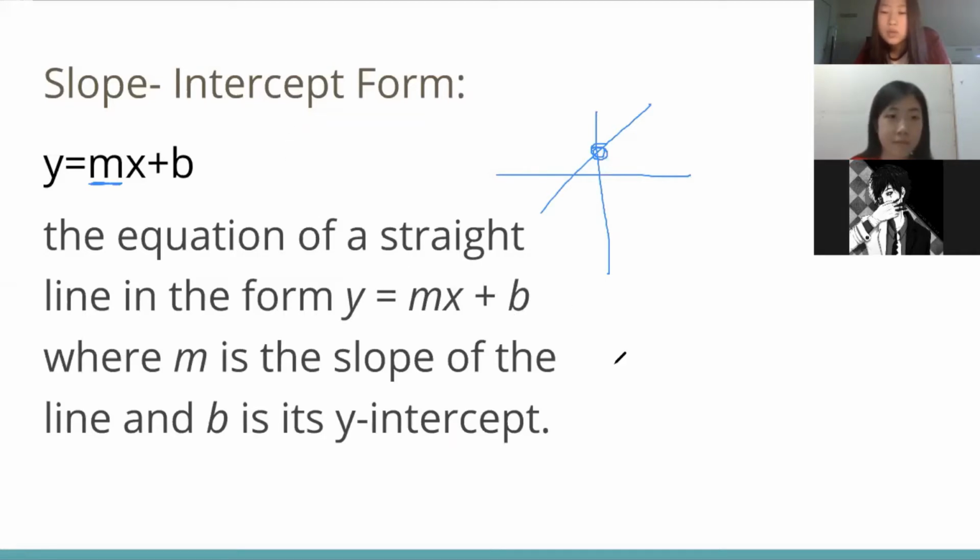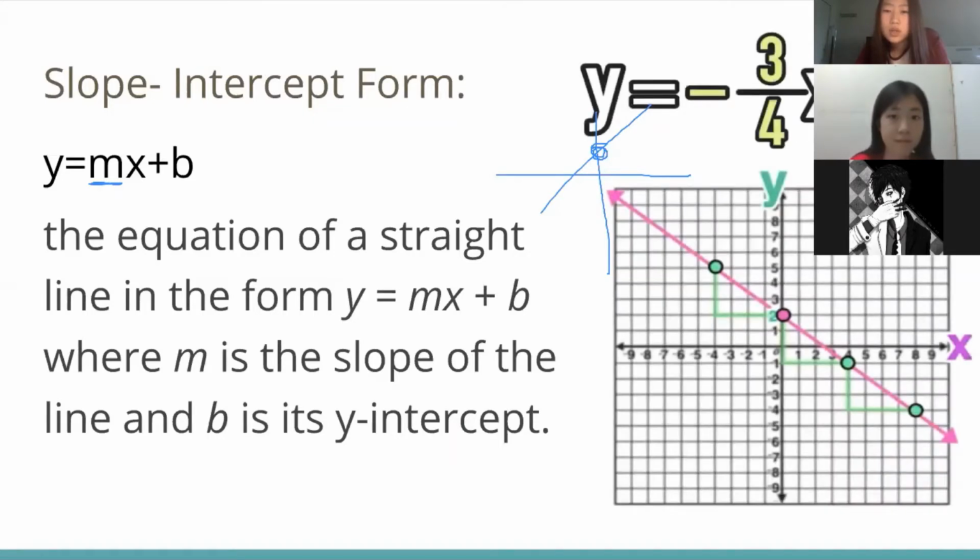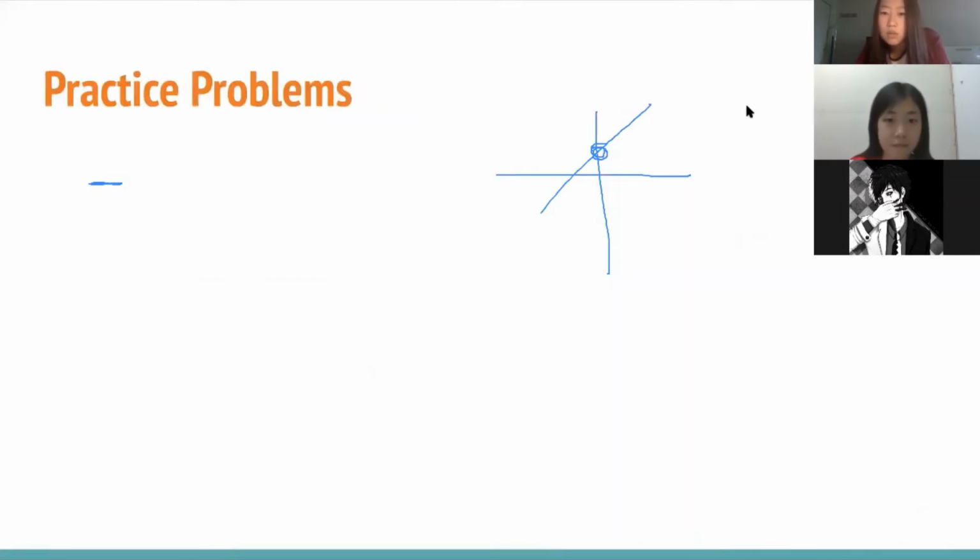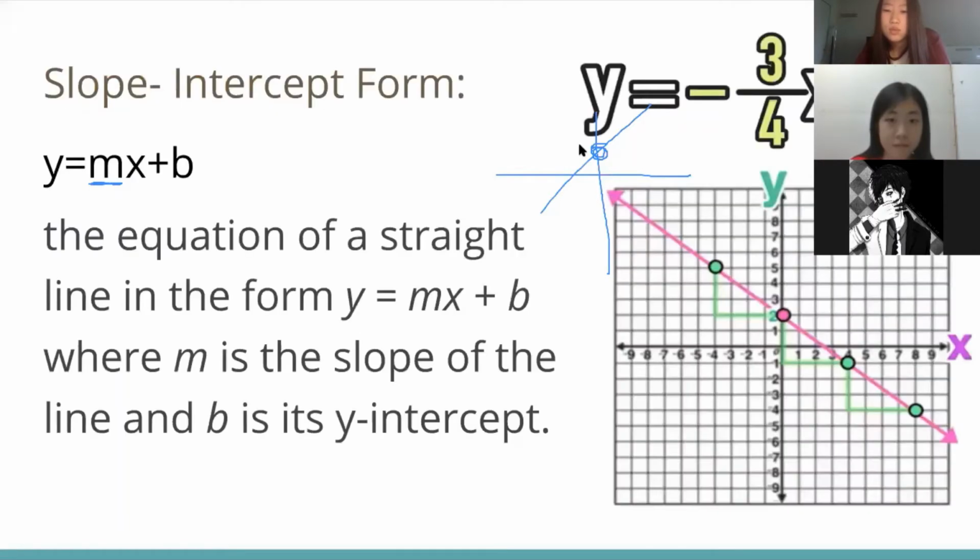Okay, let me show the graph too, because I do have a graph here. As you can see, the line over here is y equals negative 3/4 of x plus 2. So the slope in this case is negative 3/4 of x.